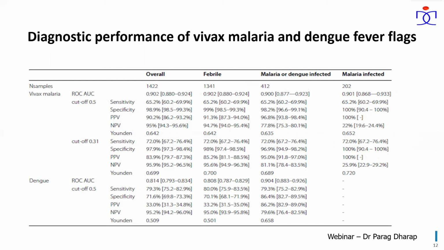The lower half of this screen shows performance of the dengue flag. The sensitivity at cutoff 0.5 lingers around 80%, whereas the specificity lingers around 70%. Both the flags show very good negative predictive value.